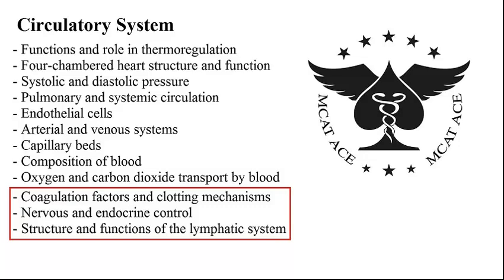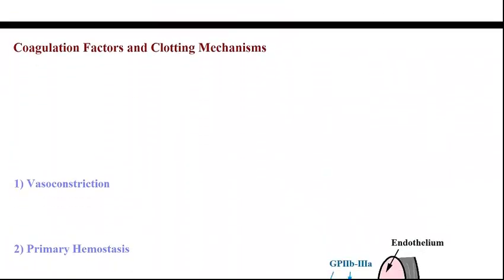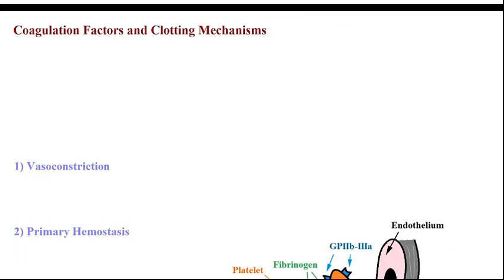All right, so the next topic that we're starting here is coagulation factors and clotting mechanisms. So what happens when there is damage to a blood vessel? Blood will start flowing out of the vessel, and therefore we need the clotting mechanisms in order to stop excess bleeding.